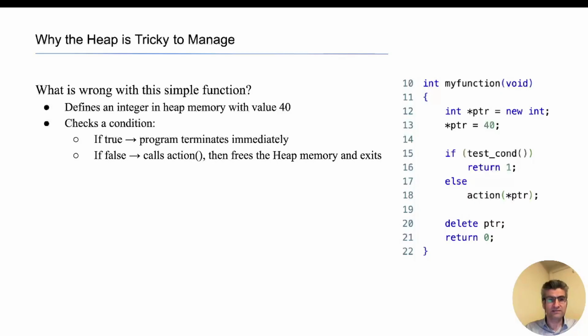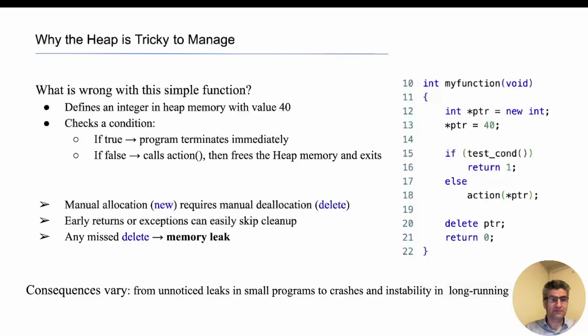Pause the video and think, what is wrong with this simple program? What happens if the condition is true and my function returns 1 at line 16? What will happen to the allocated memory on the heap? This early return ends my function. It skips the delete statement at line 20.